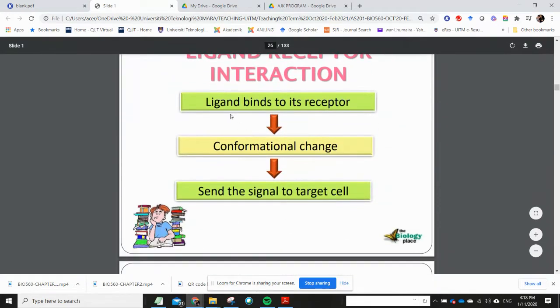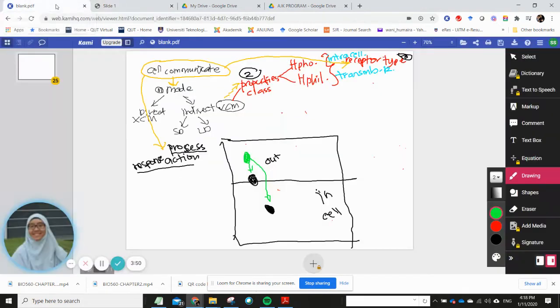Okay, so ligand bind to its receptor. So what happened next? Conformational change. This conformational change is actually the signal to the target cell. So let's go back to my map here. So the interaction of ligand binding to the receptor is actually the binding itself.